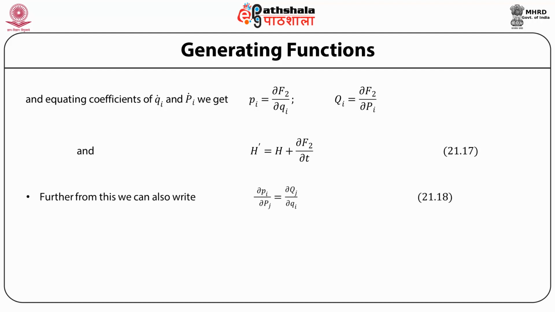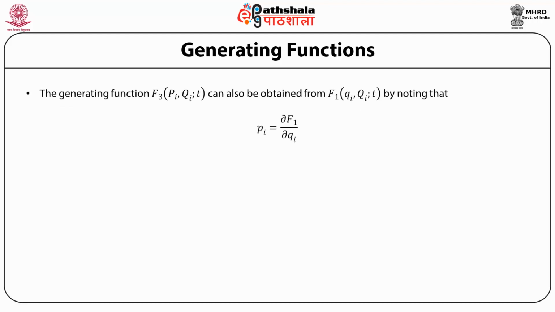And further, we can write the partial derivative of the old momenta with respect to the new momenta equal to the partial derivative of the new coordinate with respect to the old coordinate, as shown in equation 21.18.